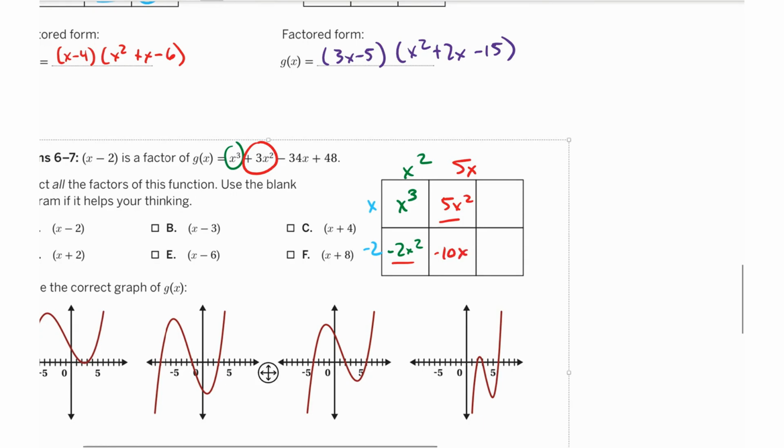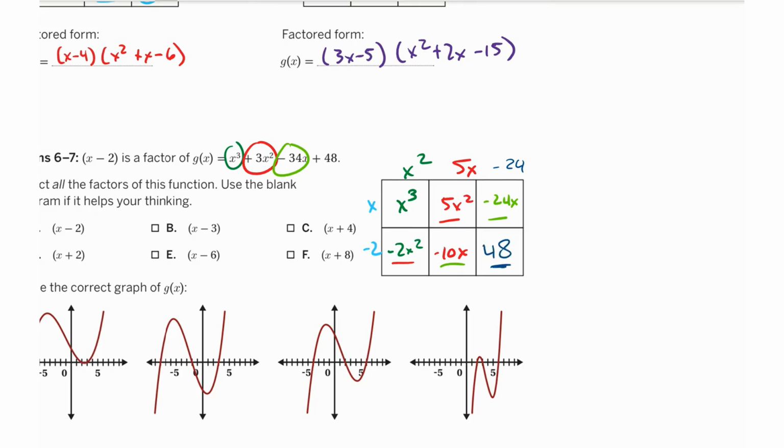Next color here, give me a green. These two have to add to negative 34x, so this will be negative 24x. And then from there, I need to just figure out this is negative 24. Negative 24 times negative 2 is positive 48, which checks out because that's our last term here.